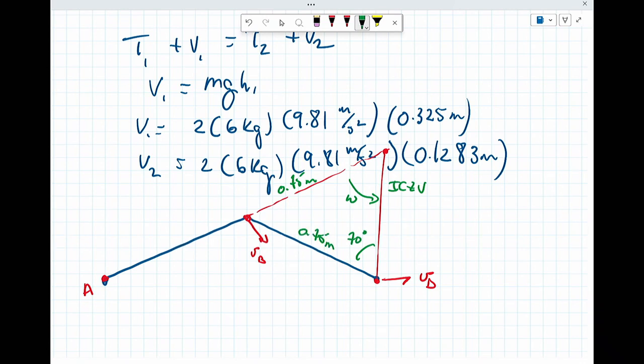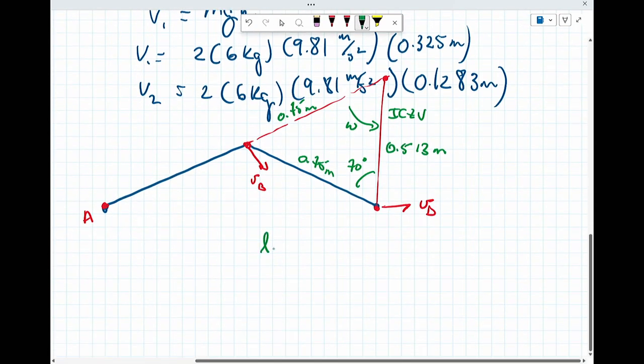And I know both of those things because this is an extension of the parallel of the link AB outward. And I know the velocity of D is going vertically upward. So they're going to intersect at the same point. So omega's there, and this distance right here ends up being 0.513 meters.